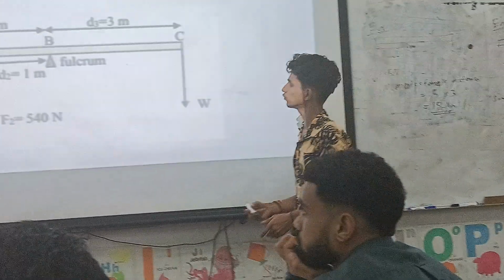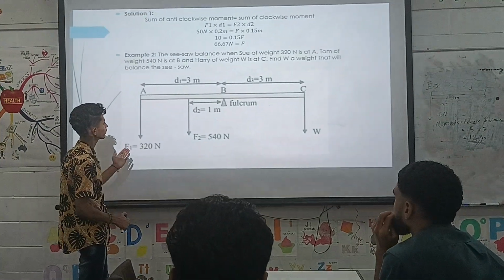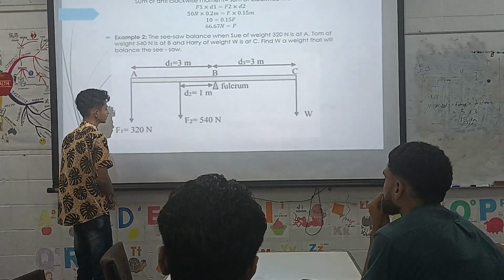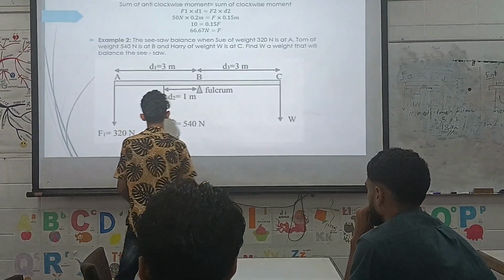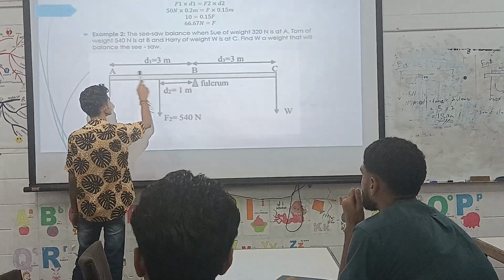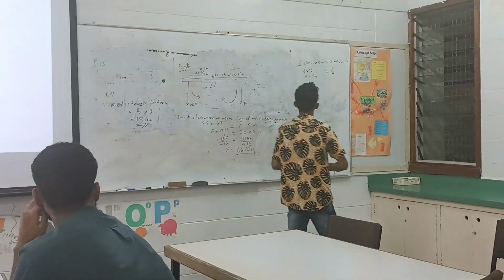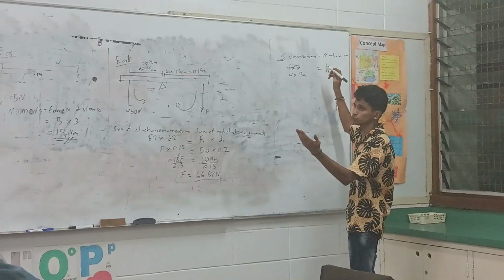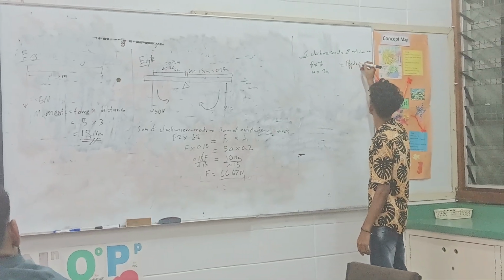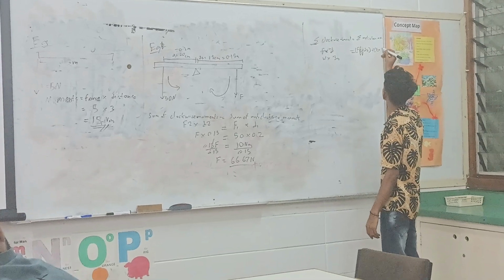You can see there are two forces. So you can do it one by one. When this force is applied, this will go anti-clockwise. So 320 times what is the distance of A from the pivot? 3 meters again. So here we'll do something different because there are two forces. So F2 times D2 plus F3 times D3.